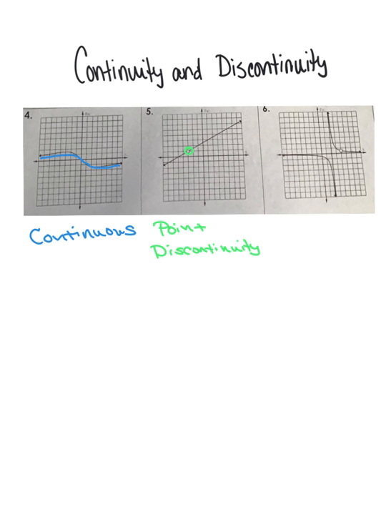Okay, my next graph has two parts of discontinuity. I have an asymptote here at x is equal to 2, so x is equal to 2 is an asymptote. And then I also have a hole, so I also have a point discontinuity. So I have two things. I have infinite discontinuity at my asymptote of x is equal to 2.